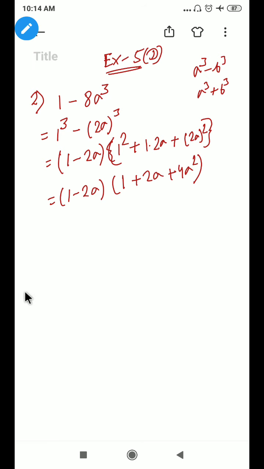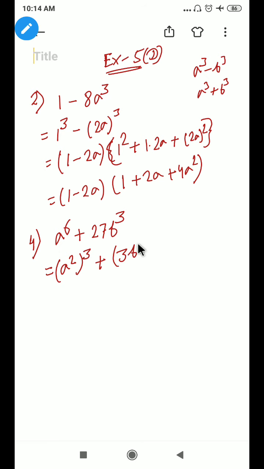Now go to another problem like this, question number 4: a to the power 6 plus 27b cube. We can make this in a cube plus b cube form. You can write (a square) whole cube and (3b) whole cube.